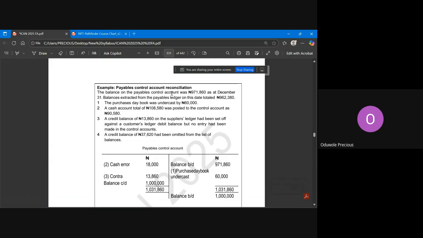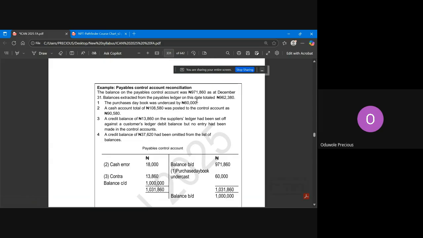The first balance is for the control account, the second balance is for the ledger account. If you check the difference, there's a way that you even know whether you are correct or not, but I can't teach you that on our system. Probably when we do something like this in class, I'll show you some tricks. So the difference is 9,480.